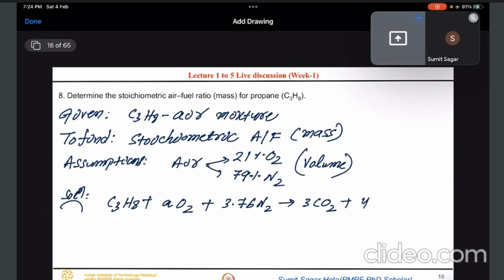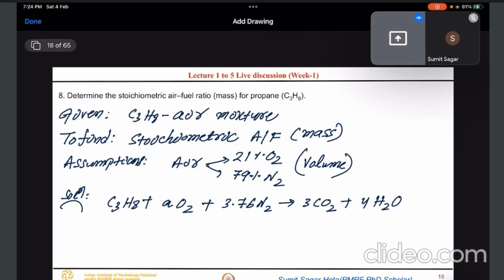For each species, the total number of atoms must be the same, for example hydrogen and oxygen. When you calculate all these, you can very easily find the number of moles.